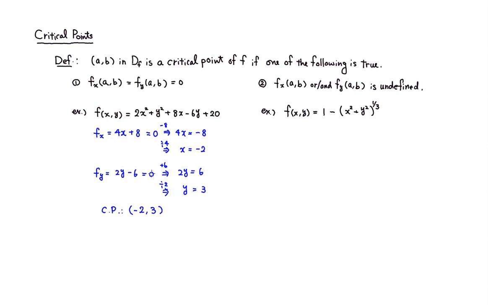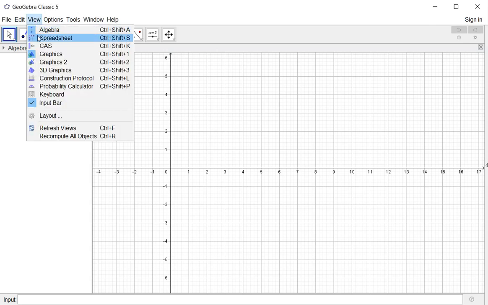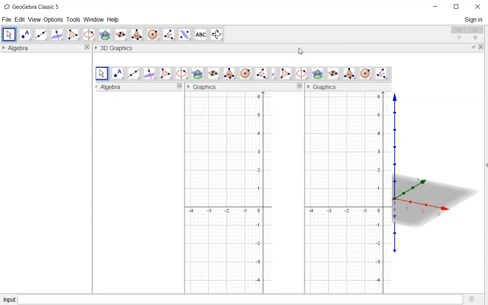All right, so let's look at what the surface looks like at this critical point. I'm going to open up GeoGebra. We need a different window, so go to Views, and we're going to have 3D Graphics. Then you can just close the 2D one.